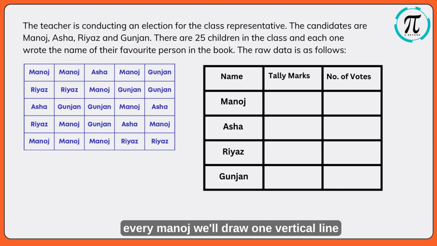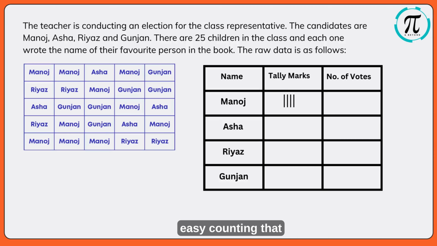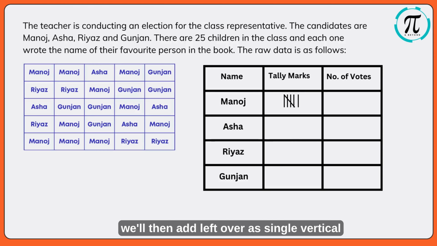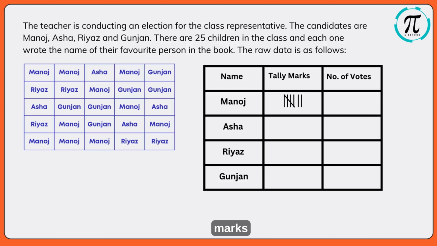For every Manoj, we draw one vertical line and we group them in five for easy count. That is, we draw four lines for four Manoj, and for the fifth Manoj, we make a diagonal line to group it as one bunch. And we continue making bundles of five, and then add the left over single vertical marks.